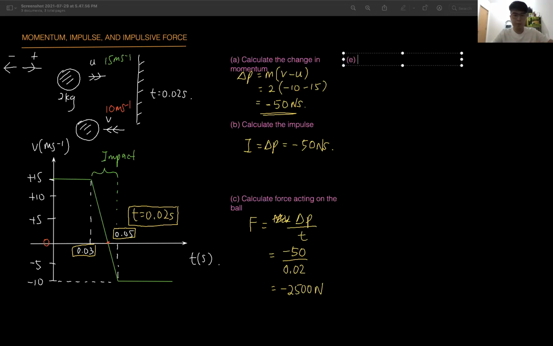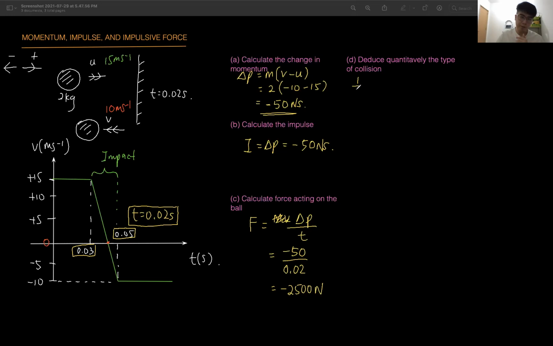Add one more. D. Deduce quantitatively the type of collision. Quantitatively meaning that you need to calculate.